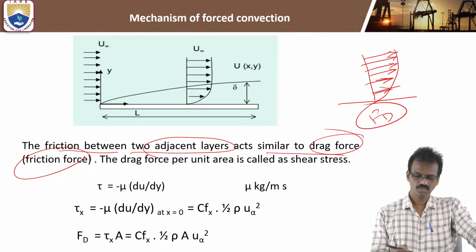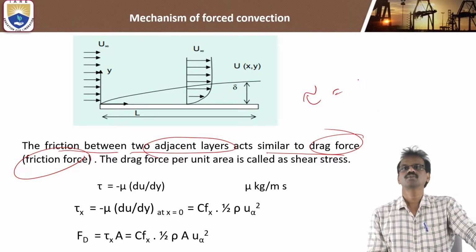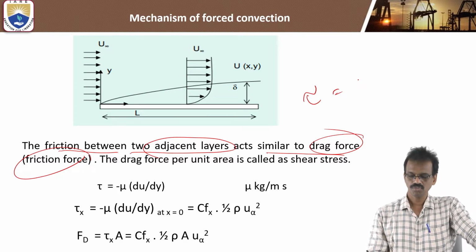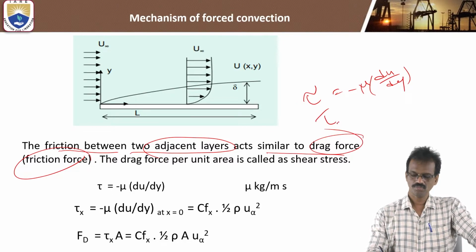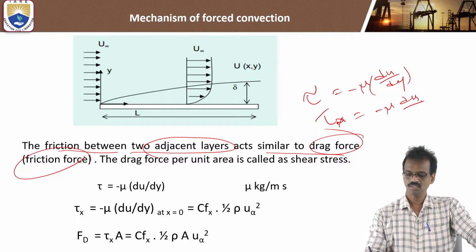You know that the shear stress tau is given by the formula tau is equal to minus mu into du by dy, which you already learned in fluid mechanics. The shear stress at a particular distance x is tau is equal to minus mu du by dy.